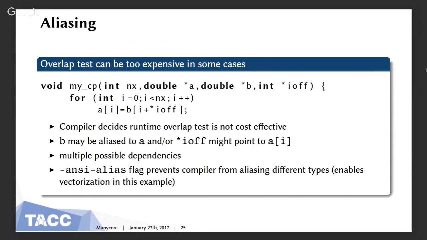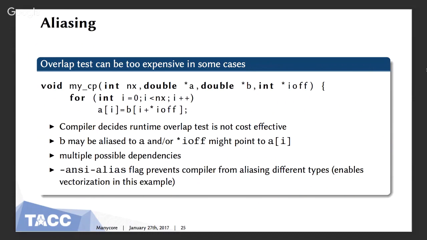It might decide in a loop like this, where we've now added this offset, which is a pointer to an integer, that the test it would have to do here is not cost effective. There might be too many if-else thens and whatnot for it to be worth it.